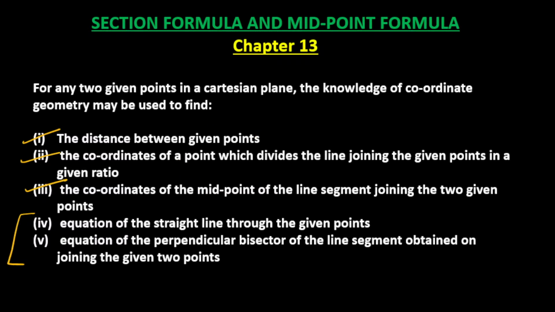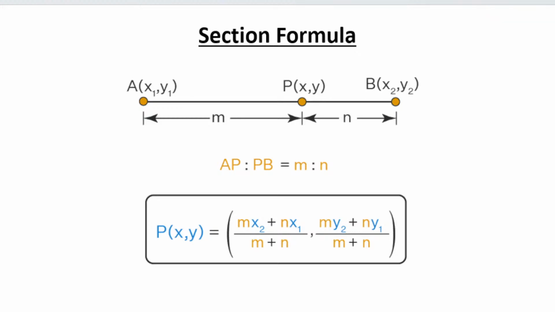A few other things are also there which I will explain to you. So first of all, what is section formula? Suppose you have any line segment AB where the coordinates of point A are x1, y1 and the coordinates of point B are x2, y2.